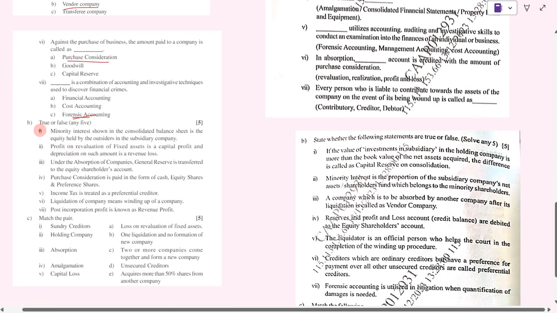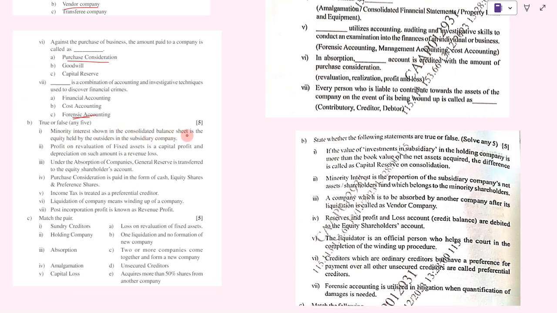Next, true or false? Minority interest shown in the consolidated balance sheet is the equity held by outsiders in the subsidiary company. True. Profit on revaluation of fixed asset is a capital profit and depreciation on such amount is a revenue loss. True. Under the absorption of company, journal reserve is transferred to equity shareholders account.